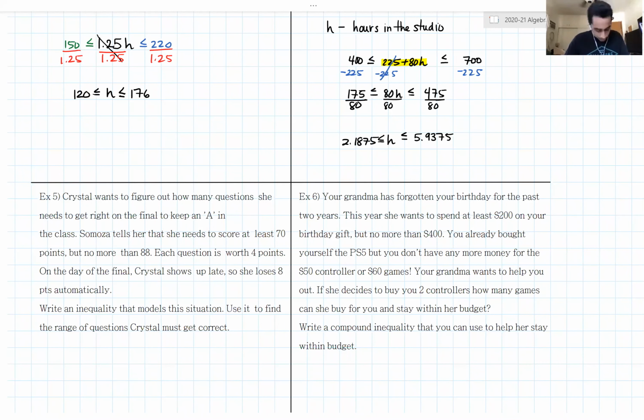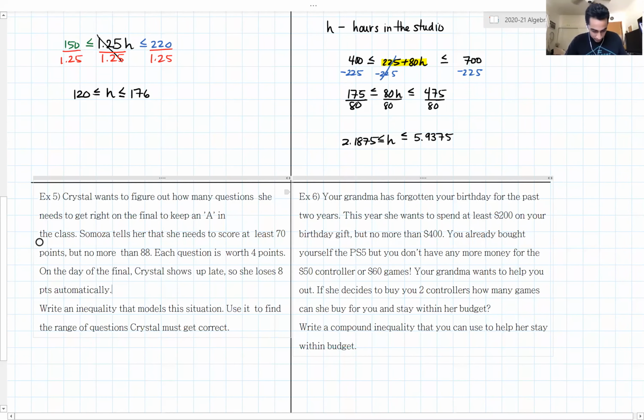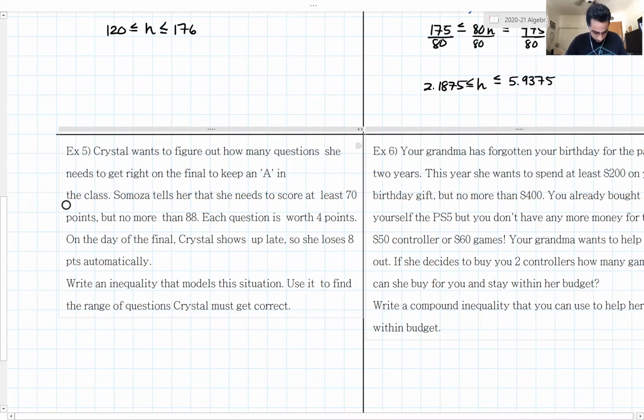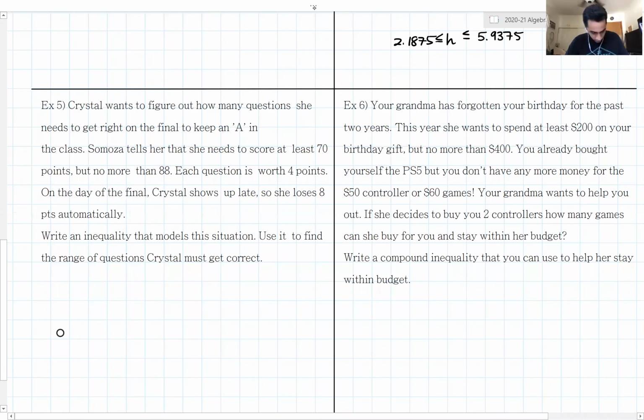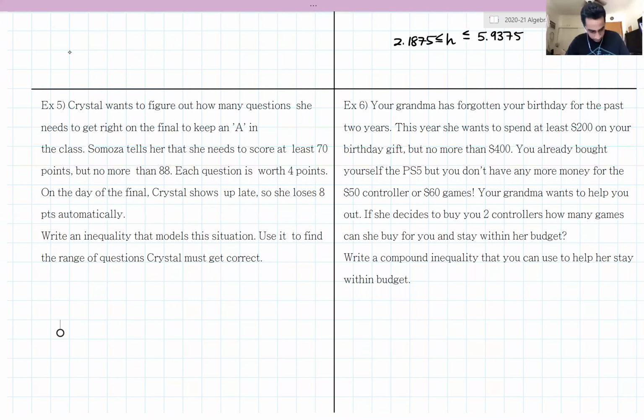So our job here is to first write the inequality, and then use it to find out how many questions she has to get right on this final. If we were to set something here as a variable, what do you think our variable should be defined as?